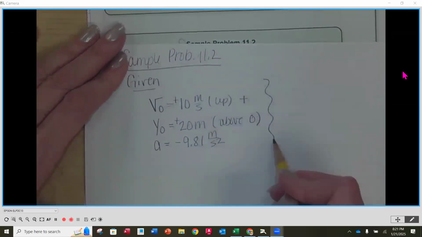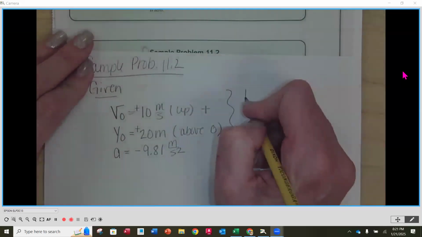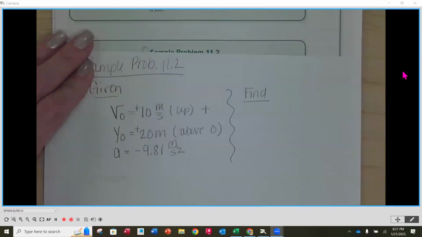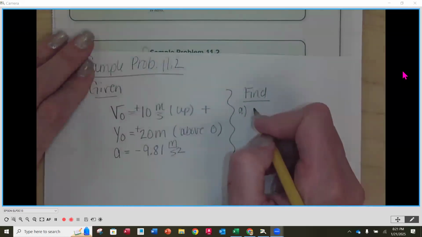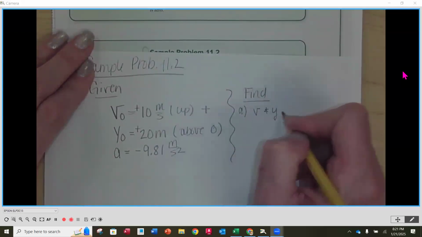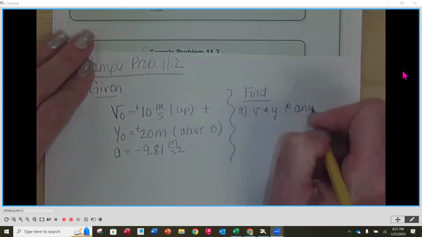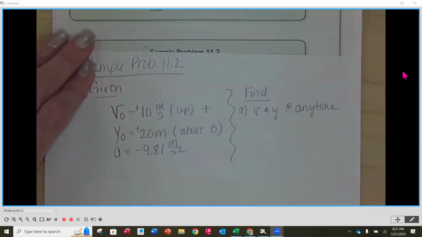So that's our givens. So what they want us to find in part A, we want to know what V and Y are at any time. So at any time, we want to know what the velocity is and where it's at.